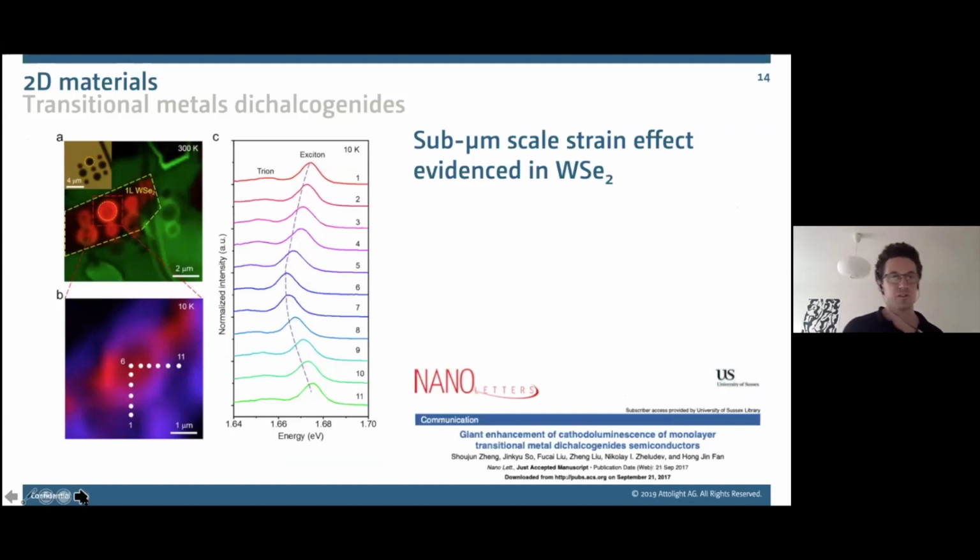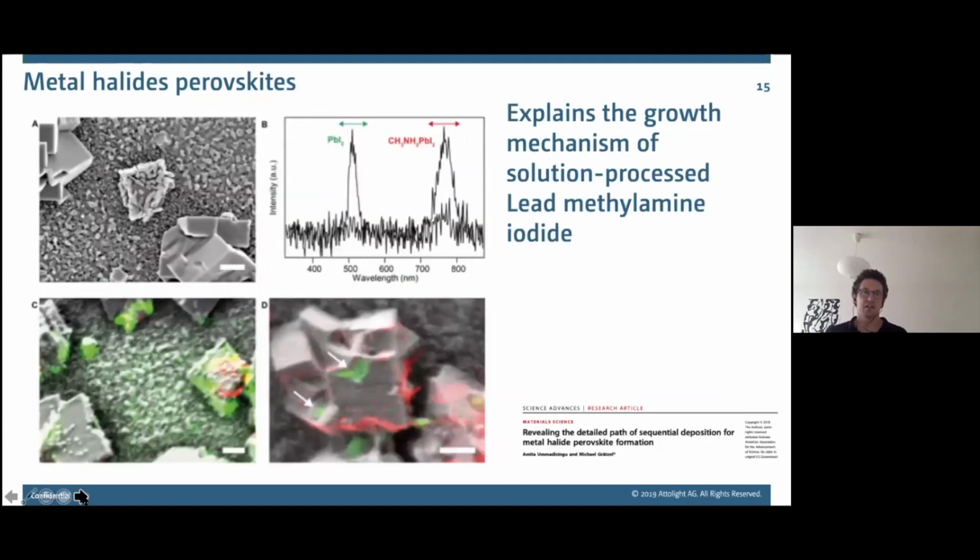Those were essentially suspended membranes of boron nitride, tungsten diselenide, boron nitride sandwiches. Then metal halide perovskites. We installed a tool in Cambridge University last fall, and they are working heavily on this. But there's no paper out yet, so I can't share any of that.